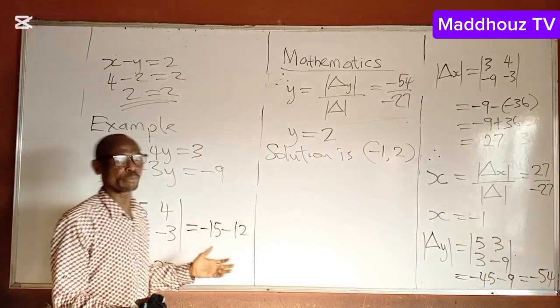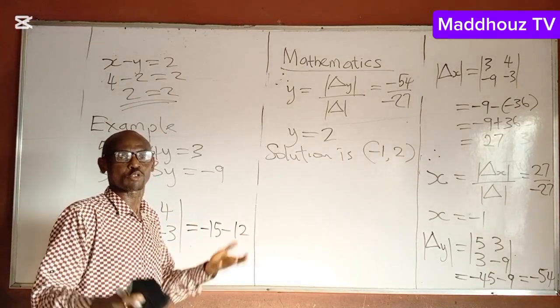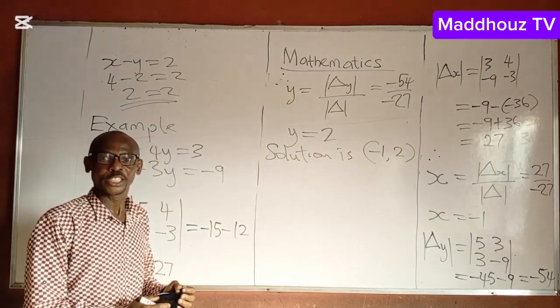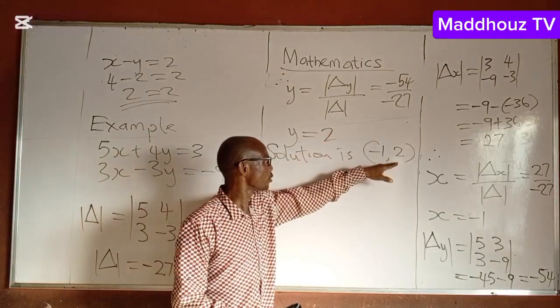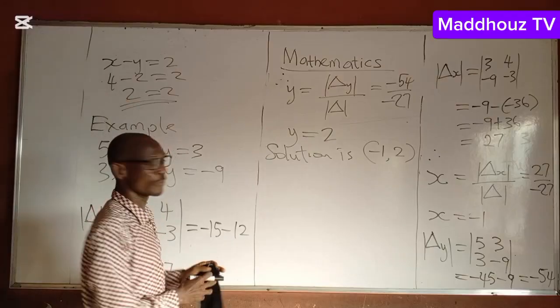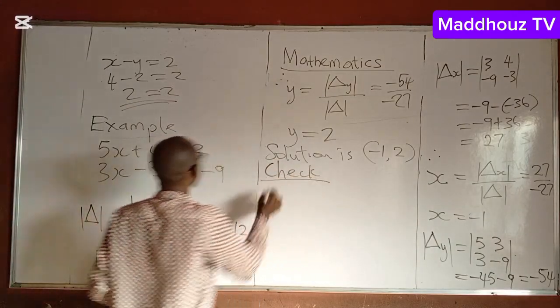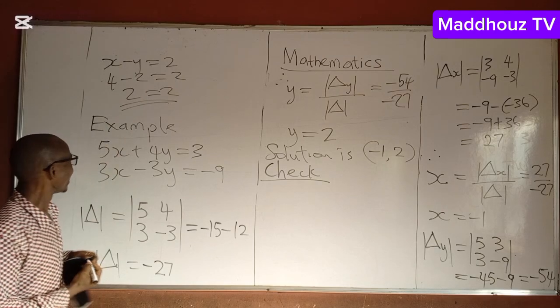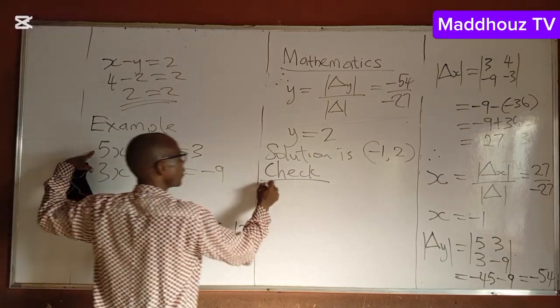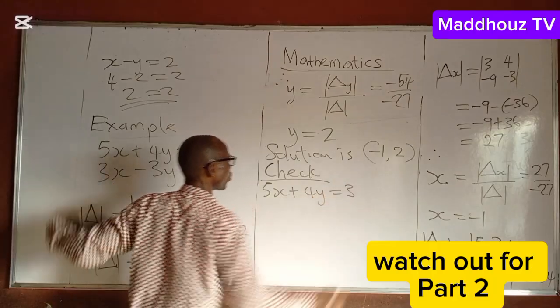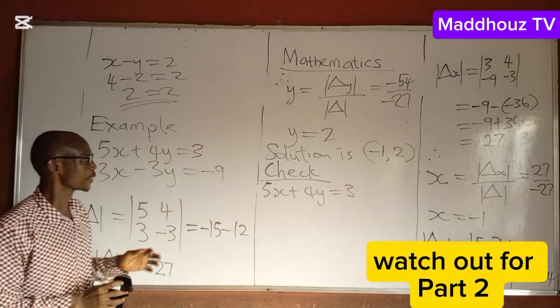Now, when you finish solving, it is good at times to cross-check and see if what you have done is correct. Check that by substituting these values into the equations and see if it fits. Let's take one of the equations: 5x plus 4y is equal to 3.